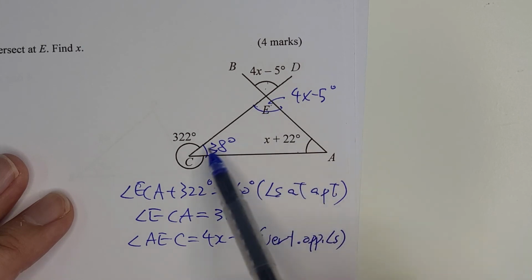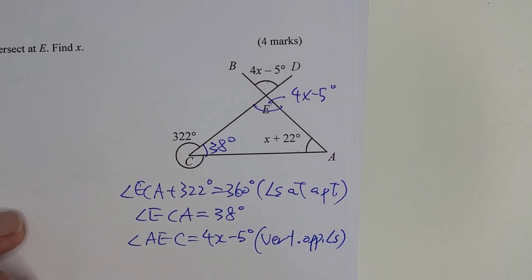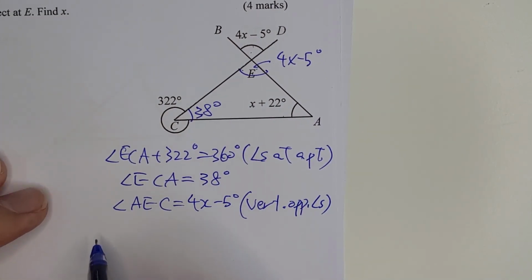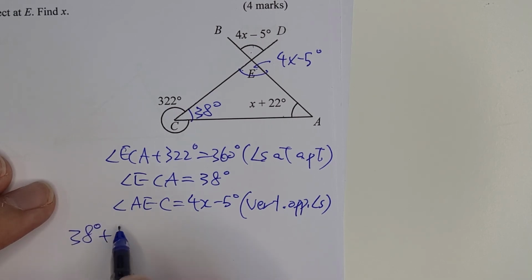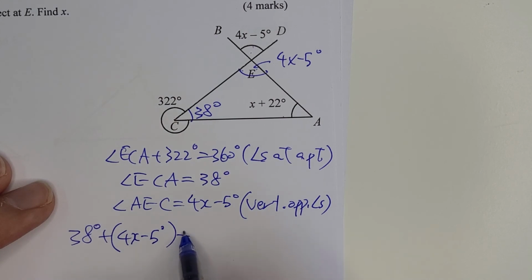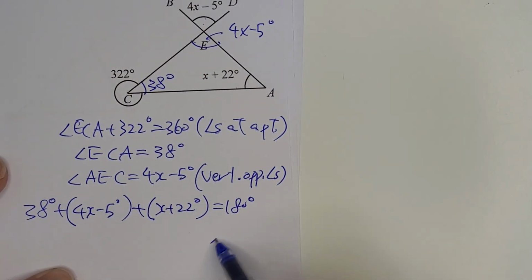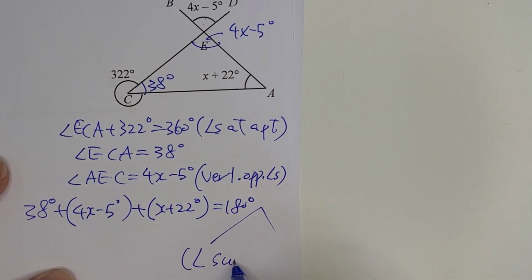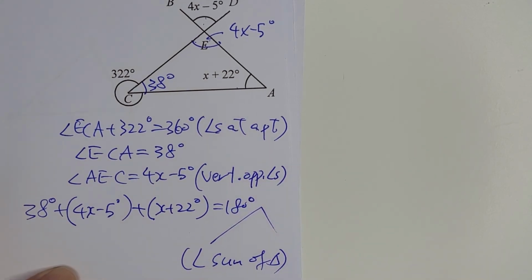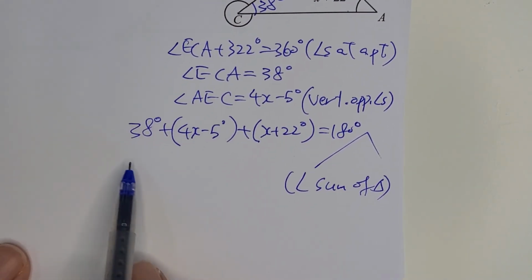The sum of these three angles will be 180 degrees, okay? So 38 degrees plus bracket 4x minus 5 degrees, that's one angle, plus bracket x plus 22 degrees equals 180 degrees. The reason, write it behind: angle sum of triangle.